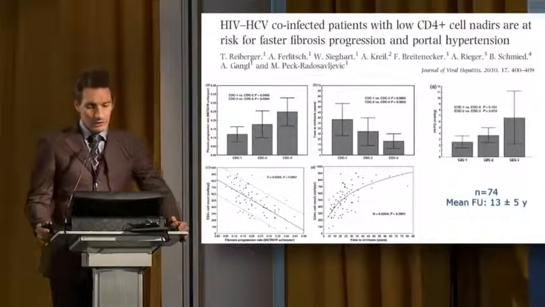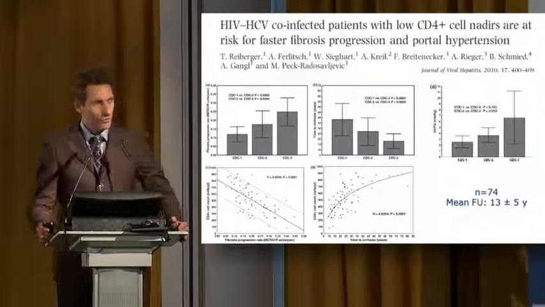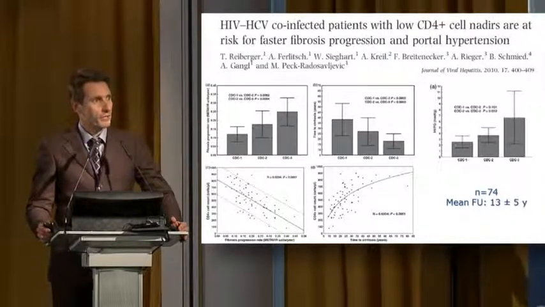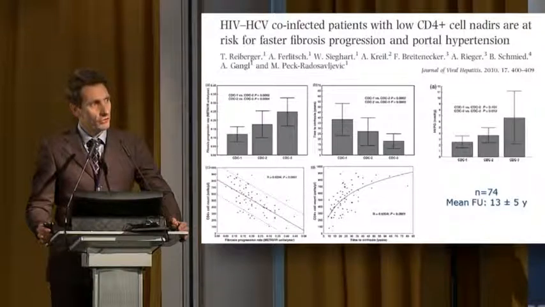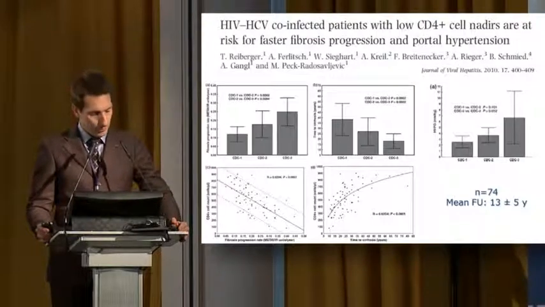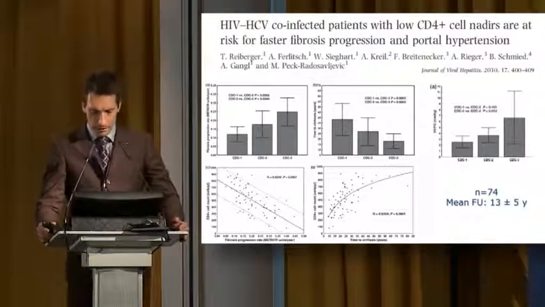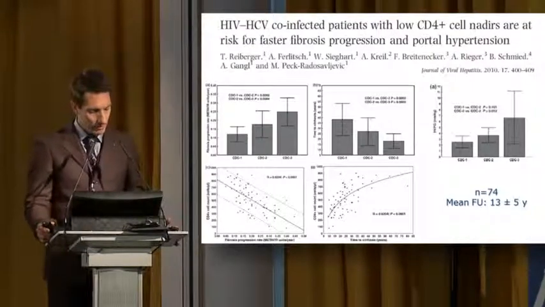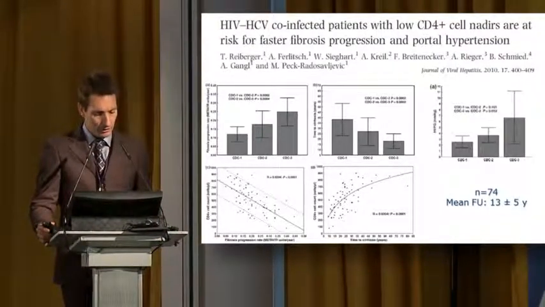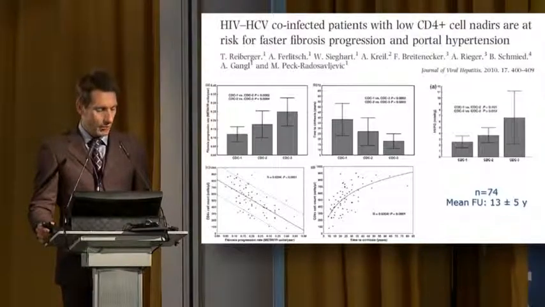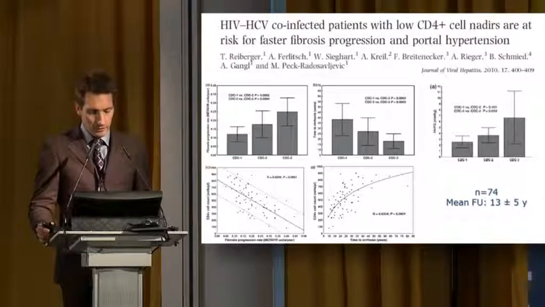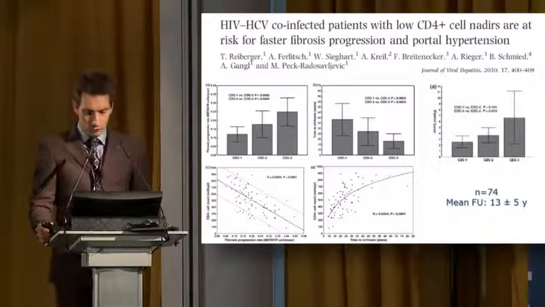Now, what you can see is that in patients with co-infection that have a bad immunological status, meaning low CD4 counts, you have faster fibrosis progression and faster progression to portal hypertension. As you can see here on the upper left panel, with decreasing CD4 cells, you have an increasing fibrosis progression rate and a decreasing time to cirrhosis.